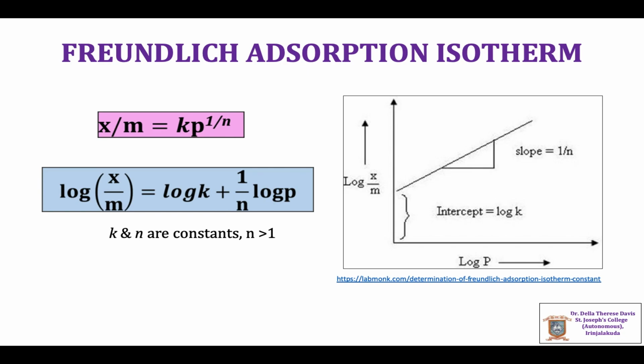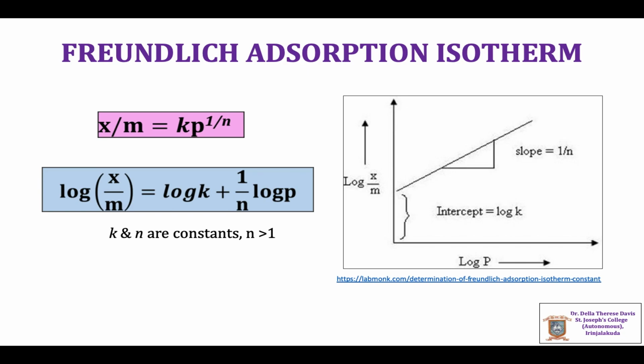On applying logarithm, log AB is equal to log A plus log B. So we get log k plus 1 by n log p because log A raised to B is equal to B into log A.